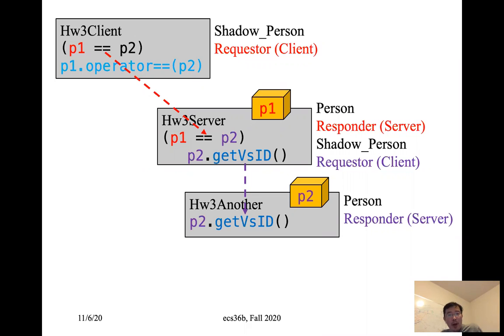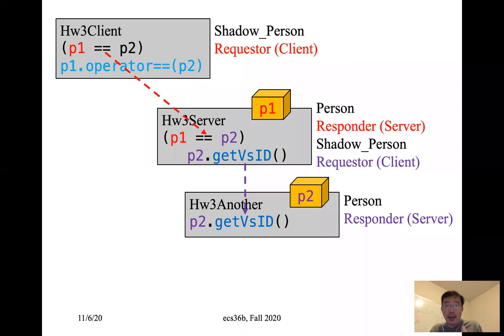So when you implement the operator equal in HW3 server, you're going to obtain the VSID for P2. Now this is a new request, because it is again a function call: I try to obtain the VSID of a particular object, and in this case the object is in yet another machine.